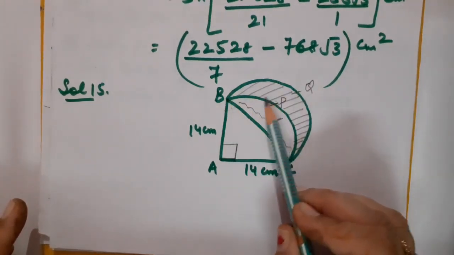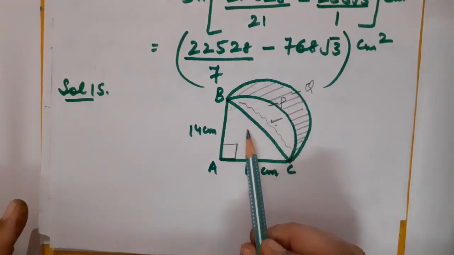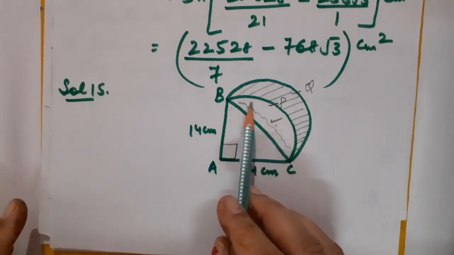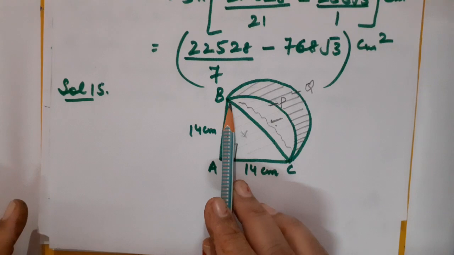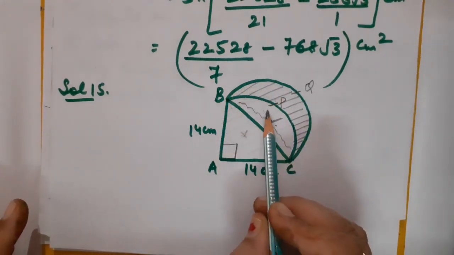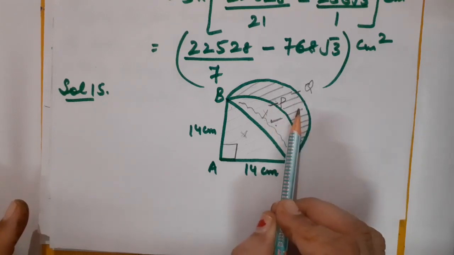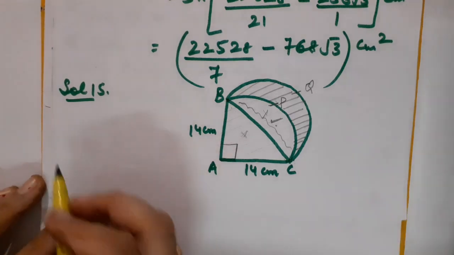If I calculate this complete sector's area and subtract the area of the triangle from it, I will be able to get the area of this segment, that is BPCB. Then I will calculate the area of semicircle and subtract the area of the segment from it to know the area of the shaded region. Got it? So let us start calculating.